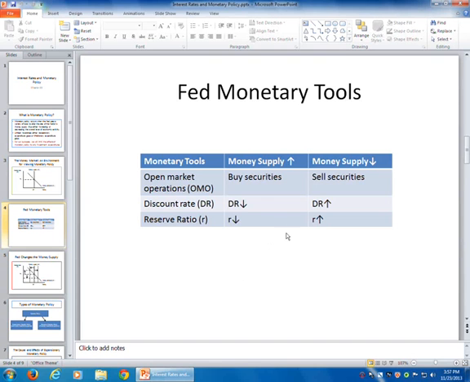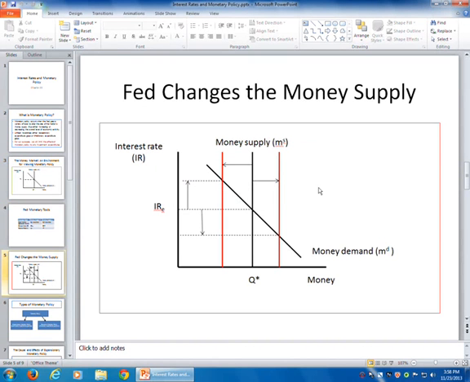So these are the tools that the Fed uses primarily to influence the money supply, to make it shift left or right. Alright, and so focusing strictly on Fed behavior, if the Fed, for example, were to lower the discount rate, then the money supply curve would shift to the right. If the Fed were to sell securities, then the money supply curve would shift to the left.